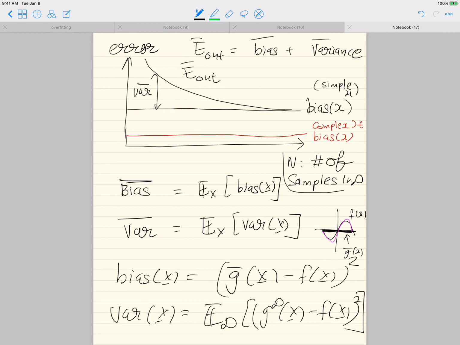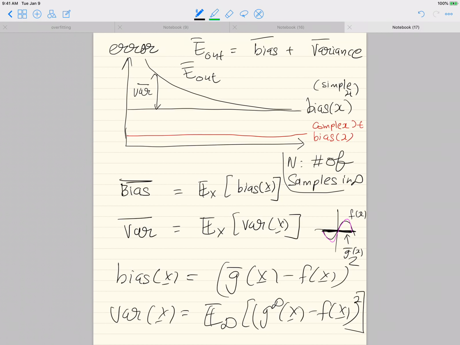If you were to just sketch the variance on its own, it will be decreasing and eventually go to 0 if you have enough points, right? Assuming it's a rich enough set, so the points are IID and so on. And so when you compute E out, which is the bias plus variance, it will be a function that looks like this. Now, if you have a simple hypothesis, the variance will be small, right? So E out will quickly converge to the bias. You cannot decrease beyond the bias because E out is the bias plus variance.